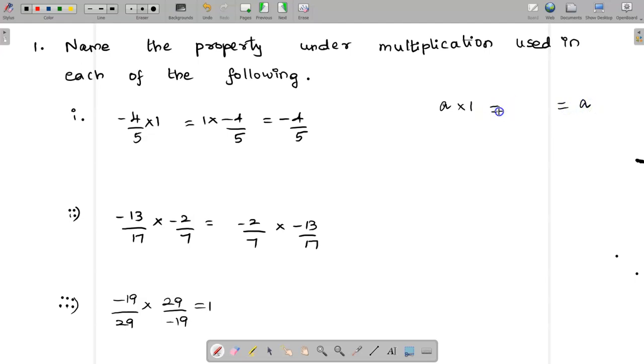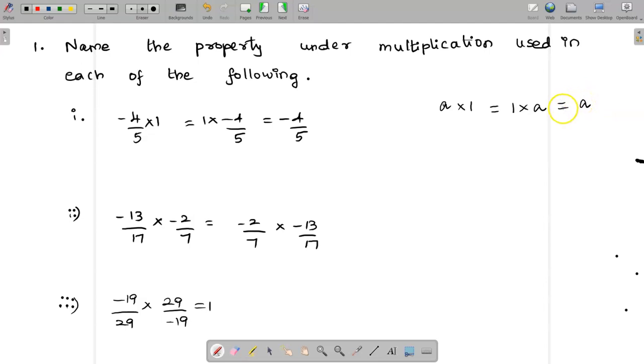We can write a into 1 as also 1 into a. Any rational number multiplied by 1 yields the same rational number as the product.